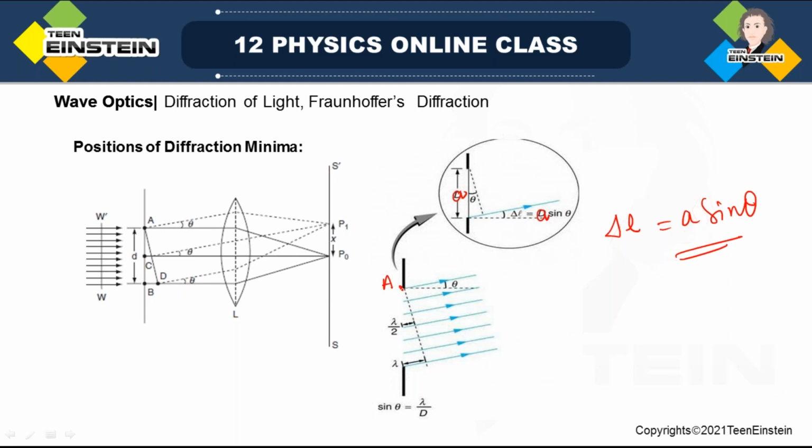So look what happens here: this is A and this is B. We have to show why at P there will be darkness. That is my concern.